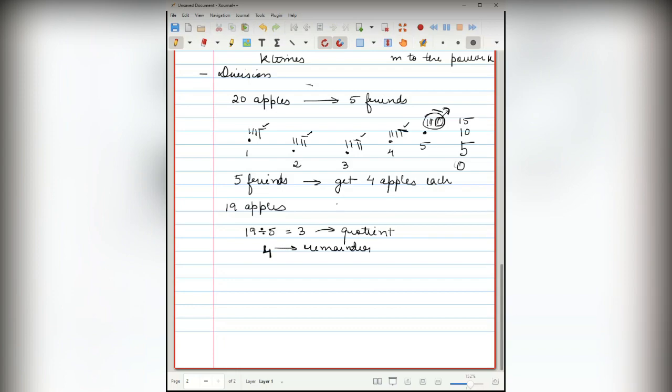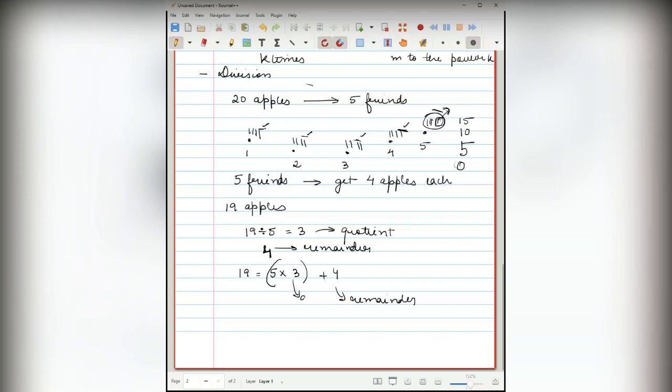Okay. So basically, what we say is dividend is equal to divisor times quotient plus remainder. We can write 19 is equal to 5 into 3 plus 4. So this is the remainder.